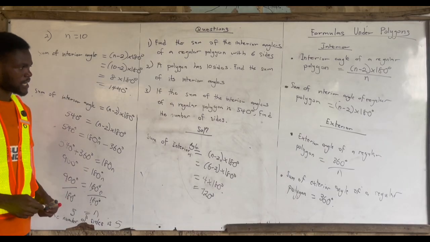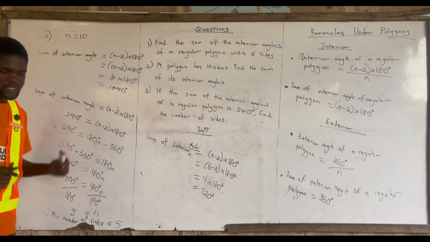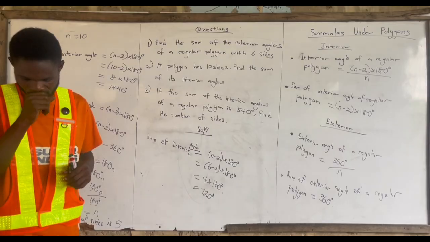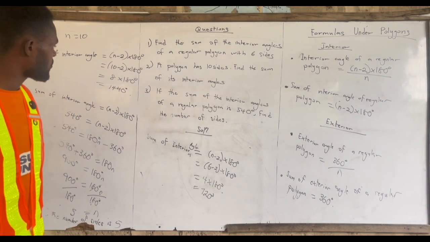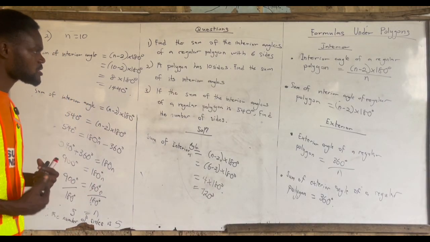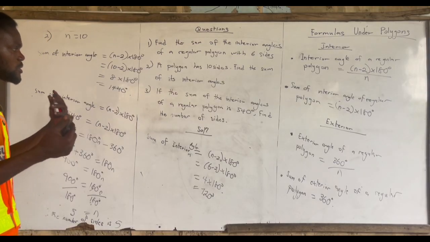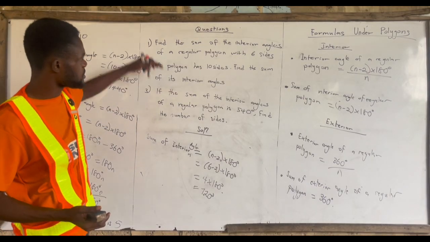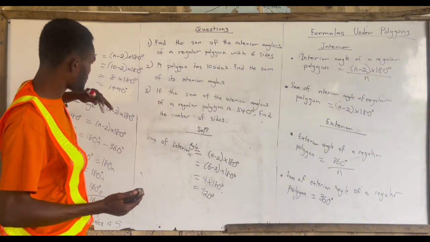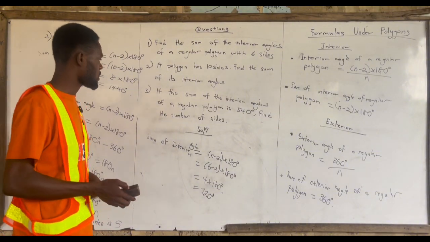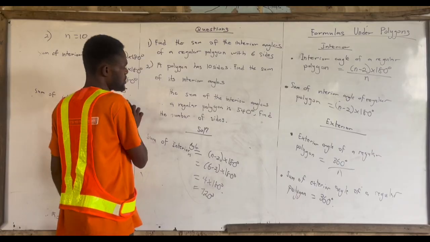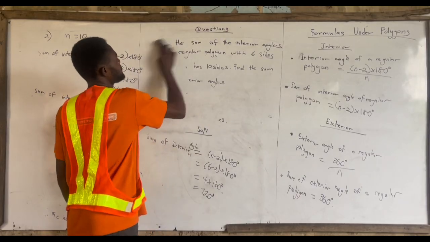So that is that. Easy questions. Cool. We are going to solve another set of questions, because when you solve more questions, it opens your mind. You see, these questions are basically under sum. So let's solve another question.